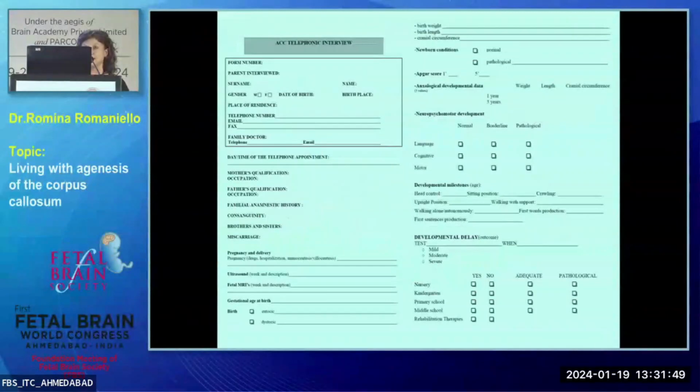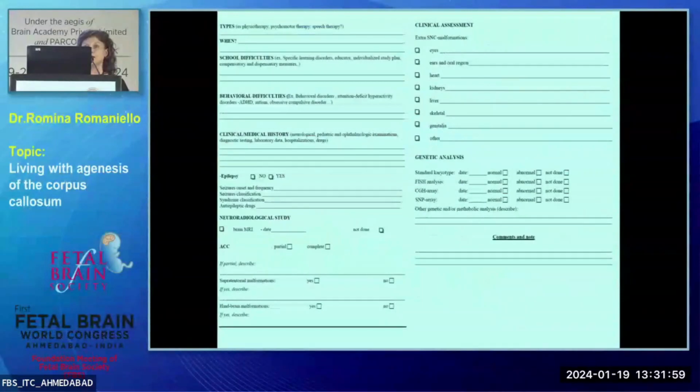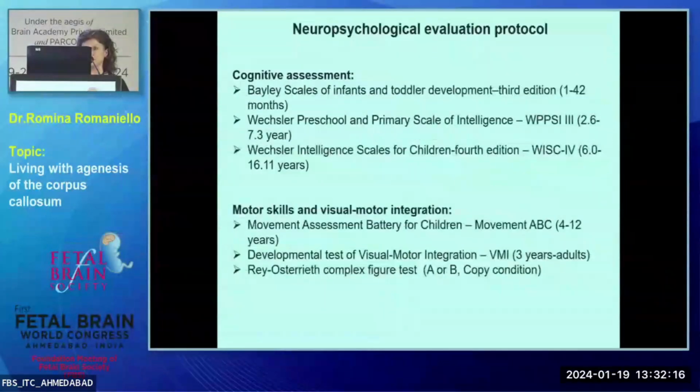This is the telephonic interview that was administered, with data on pregnancy, delivery, developmental milestones, school difficulties, behavioral difficulties, clinical medical history, the neuroradiological study, fetal study, and postnatal study if performed, clinical assessment, and genetic analysis.